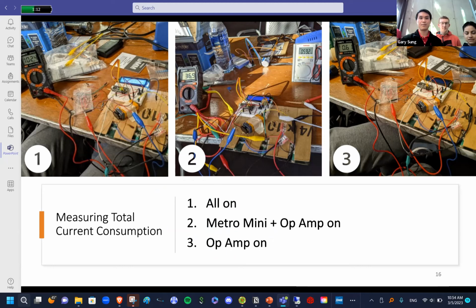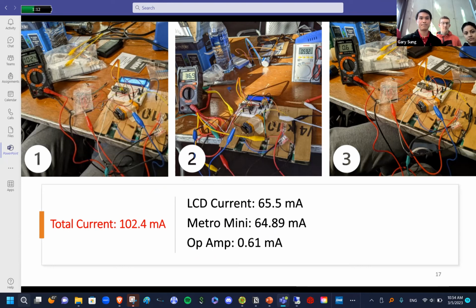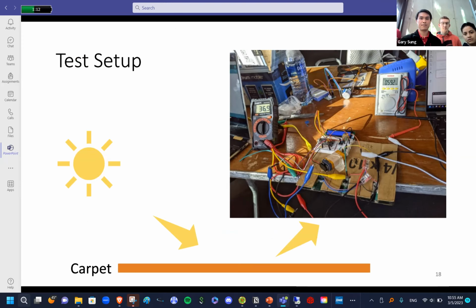This is measuring the total current consumption of the whole system. Here's an initial test showing reflected light from the carpet that we measured.